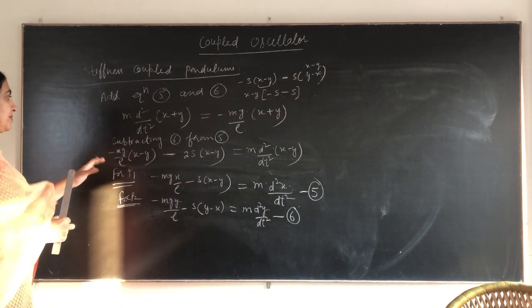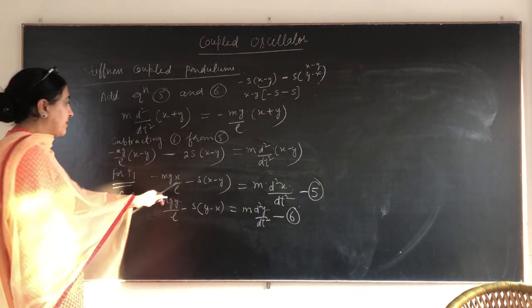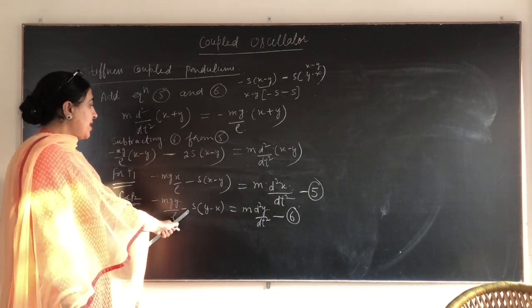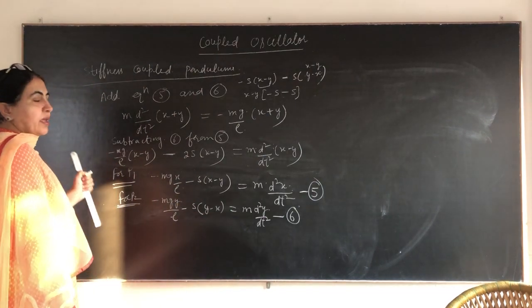So this is the next equation. Clear? When we add and subtract: minus s x minus y plus s y minus x. Clear?